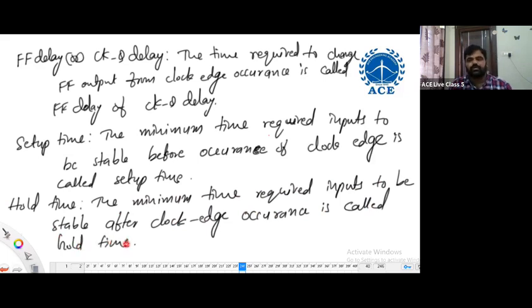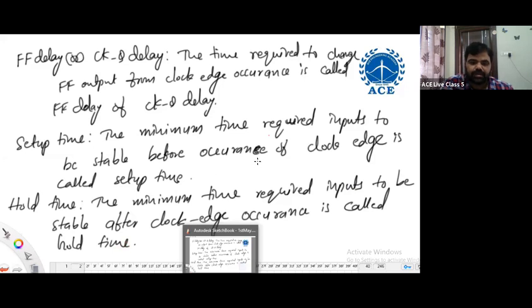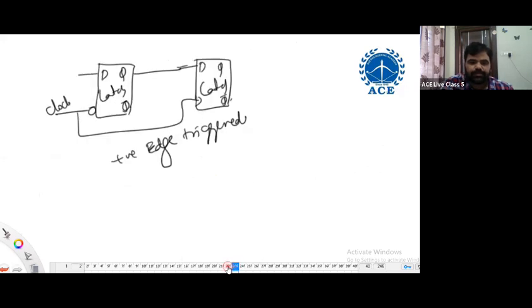This is the definition we must know. These are flip-flop properties or characteristics we need to understand. We need to understand the flip-flop properties.